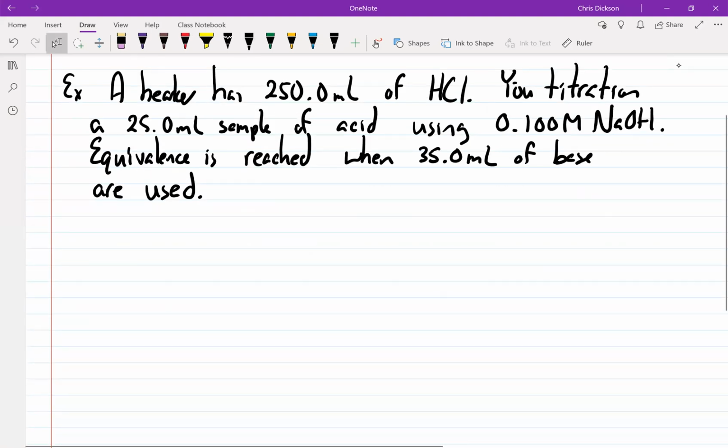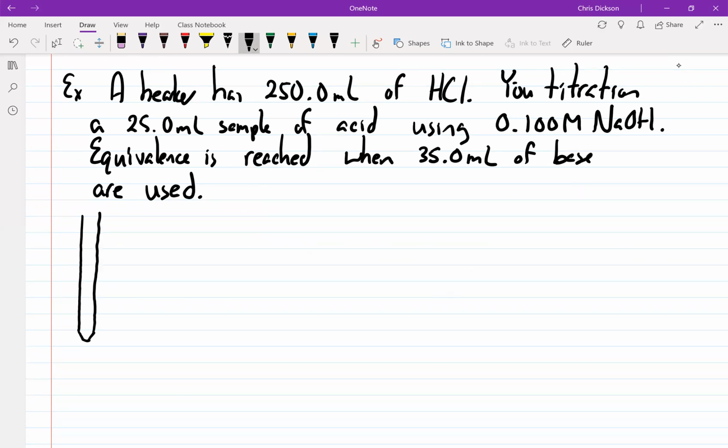We have a long tube, which we call a burette. Normally I would show you this in class. It's basically just a giant long tube, and the tube has calibrations on the side, so it tells you the volume that's in there.